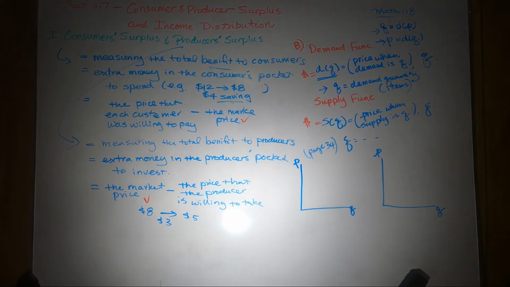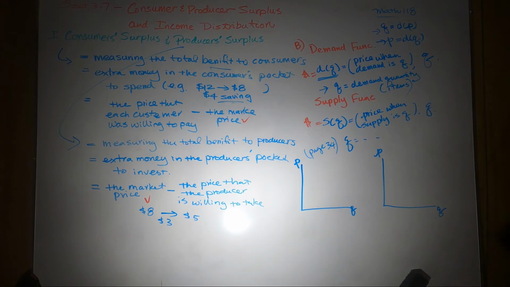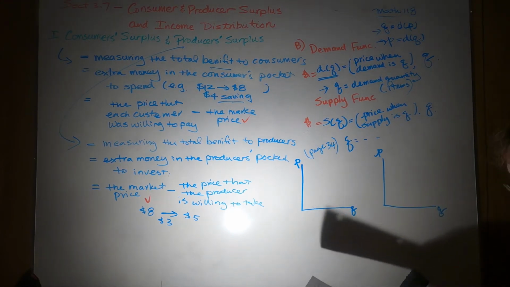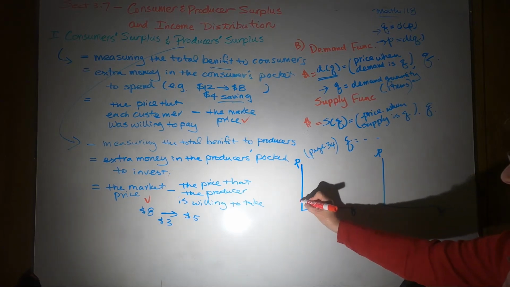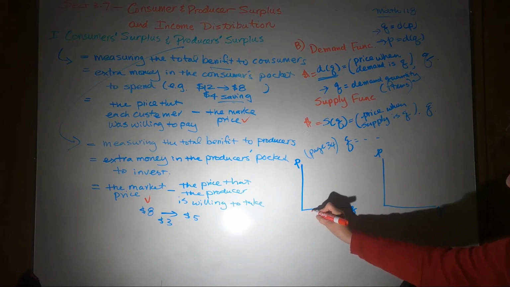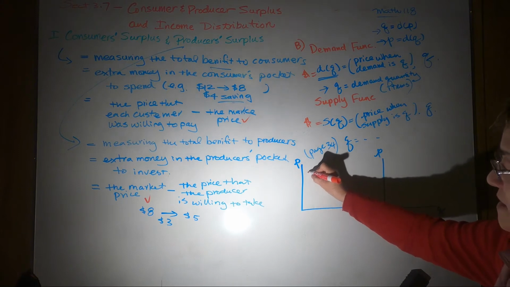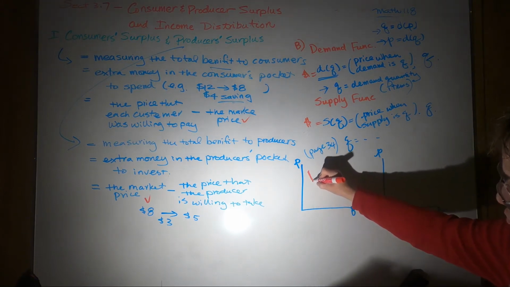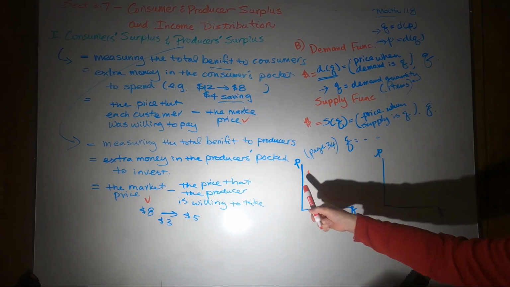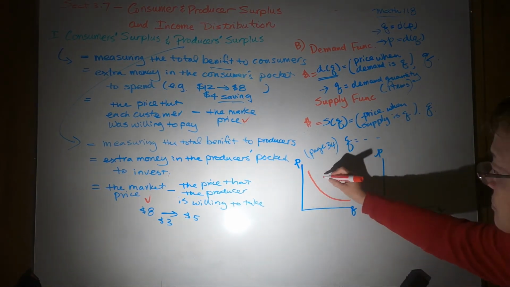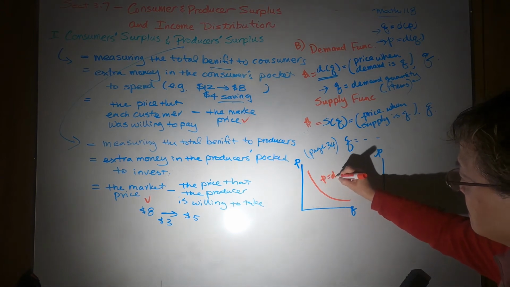So, if we do this way, then when demand is high, price will be low. When demand is low, the price usually what? High. So it will look like this, right? So that's your price, that's your quantity. So your price is what?